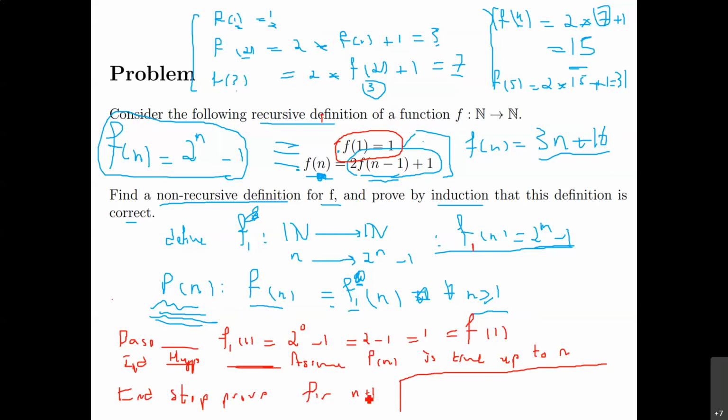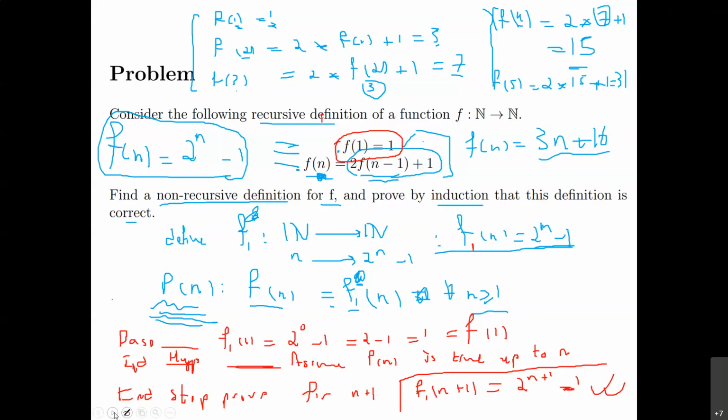Well, what's f1 of n plus 1? It's going to be 2 power n plus 1 minus 1. What about the other side? Okay, so this is what we're saying. Our function is saying this is what it's gonna be. It's gonna be 2 power n plus 1 minus 1.